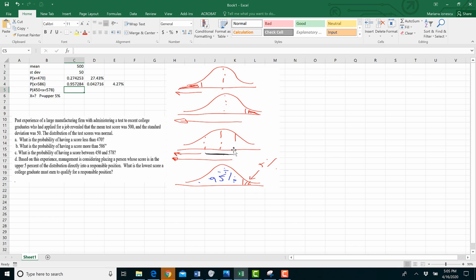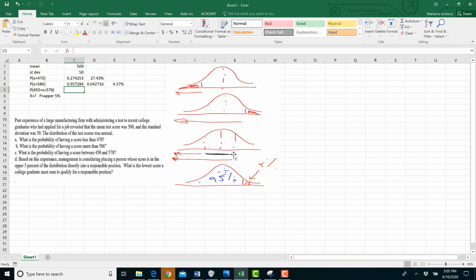For 578, similarly, we calculate the probability to be below 578. We are interested in between 450 and 578. So if we subtract from the probability below 578 the probability below 450, we have the probability between 450 and 578.